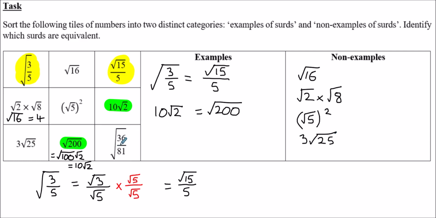In the same way, really, 36 over 81, both of these are square numbers, and so if we square root 36 over 81, that's the same as the square root of 36, which is 6, over the square root of 81, which is 9. So this is 6/9, which is obviously 2/3. And 2/3 is a rational number because it can be written as an exact fraction. So this too is a non-example of a surd.